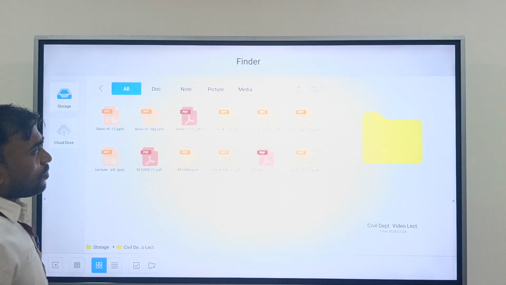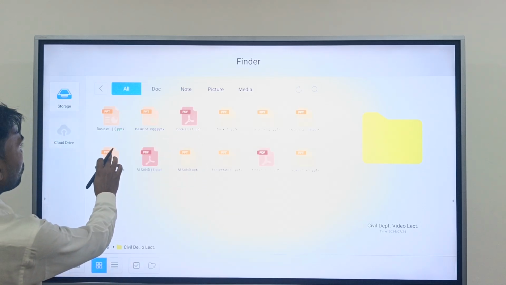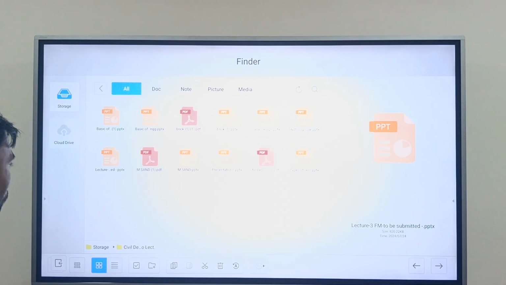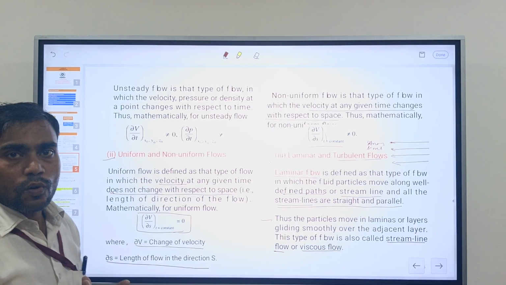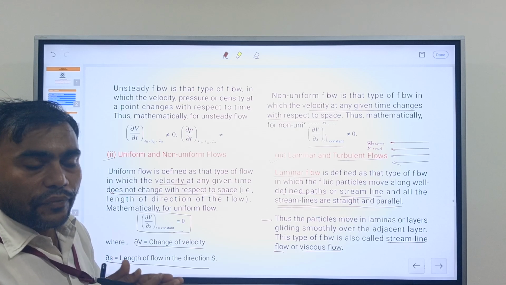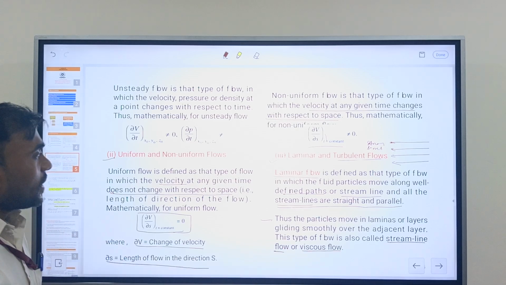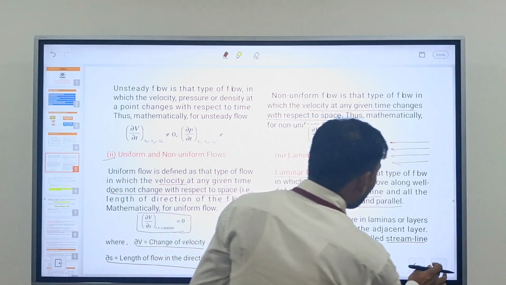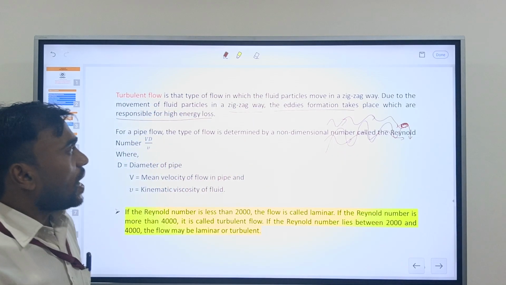In case of laminar fluid flow, all the particles flow in a well-defined pattern, whereas in case of turbulent fluid flow, the fluid particles move in a zigzag way.